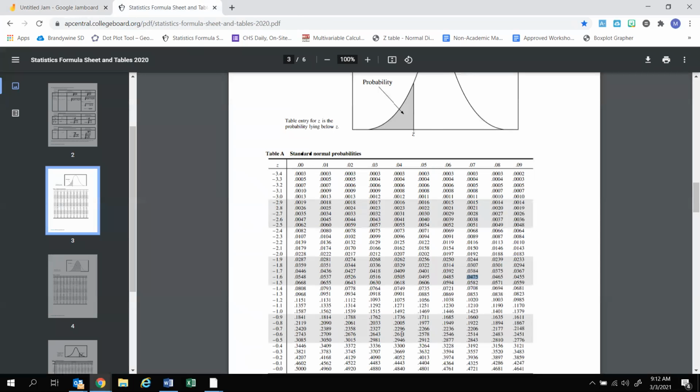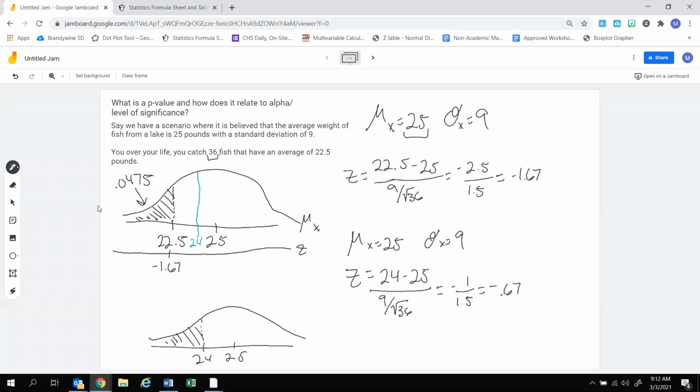The tail area of negative 0.67 is about 0.25. All right, so now that's his p-value. So if the real average is 25, the probability of getting an average of 24 or less when you have a sample of 36 is 0.2517.